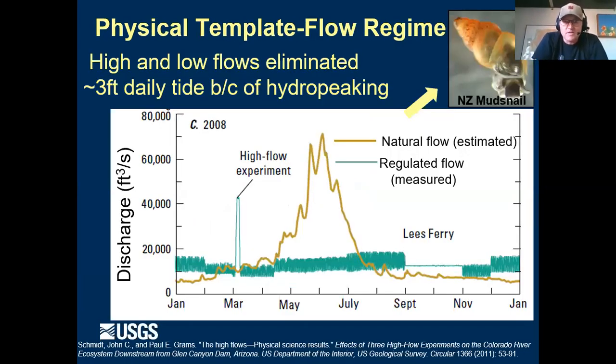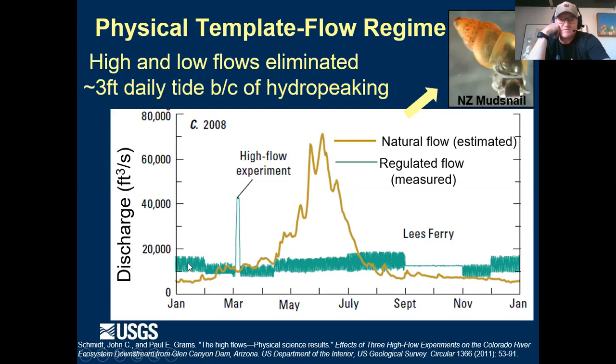And then another really big change is that the dam has regulated the flow of the river. Gone are the big snowmelt floods that we used to have. This graph actually shows flows in 2008. That yellow line is the estimated flow through Grand Canyon had there been no dam.